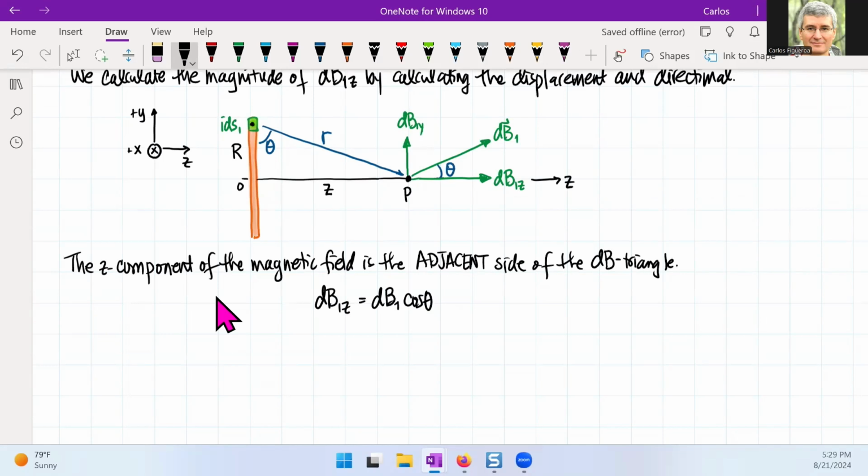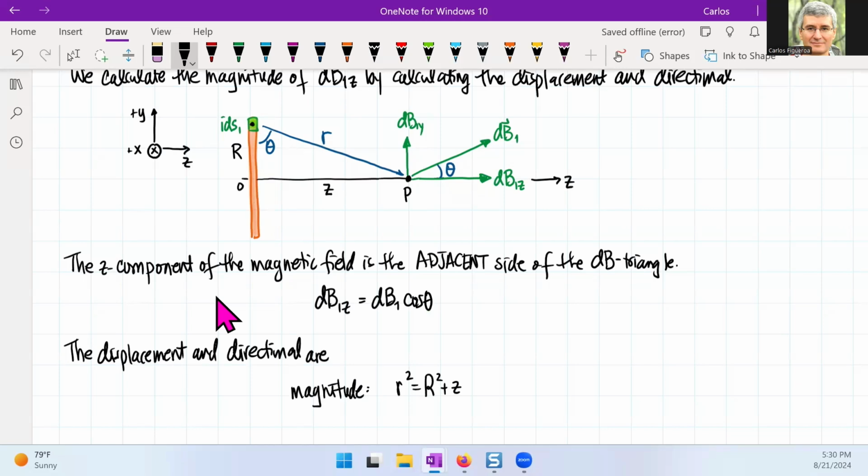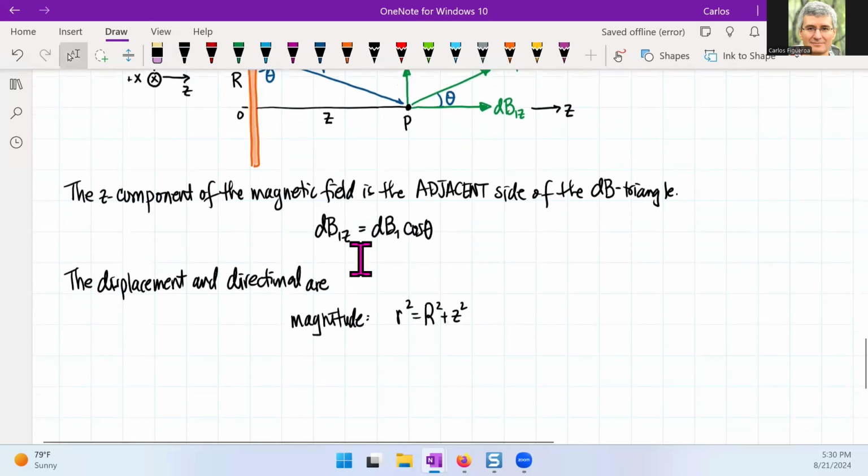Then I need the magnitude of the displacement. So the two other things here are the displacement and the directional, which come from our triangle. If I look at the magnitude of R, the magnitude of R has to be the square root of big R squared plus Z squared, and the directional has to come from the cosine.